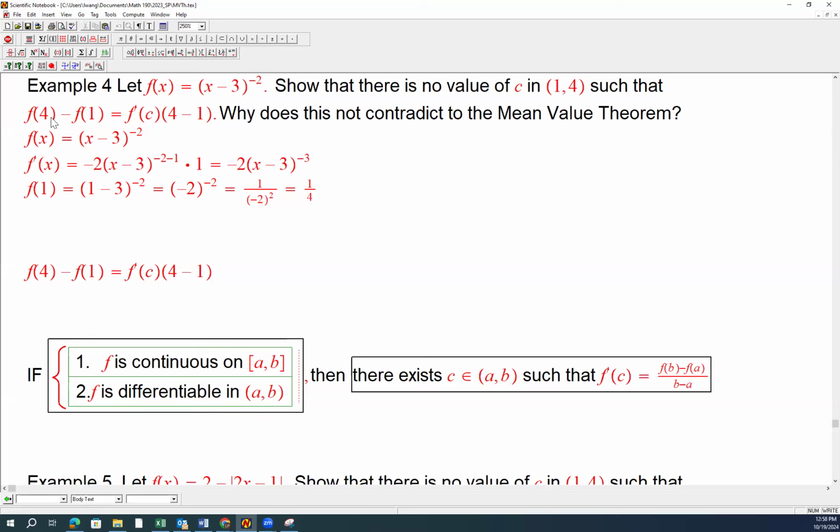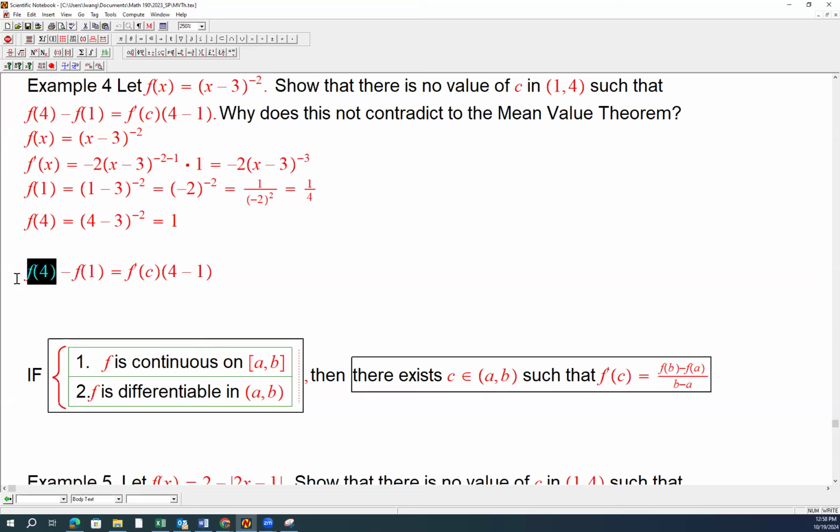And we also need to evaluate f of 4. Okay, f of 4, we're going to be plugging in this function, x replaced by 4. And this is going to be 1. So next we're going to plug in.